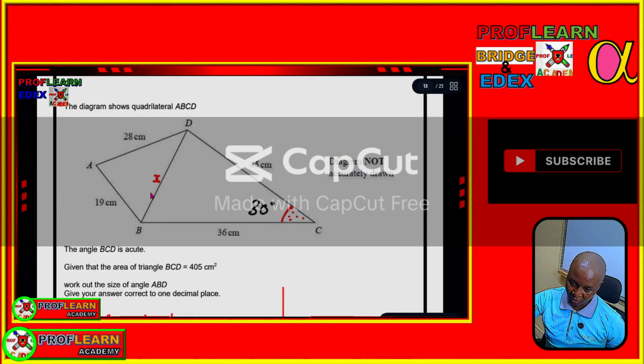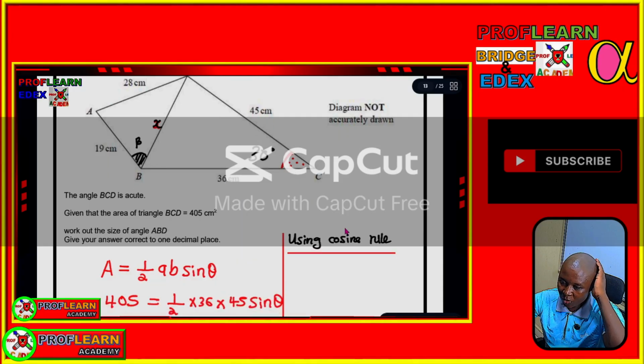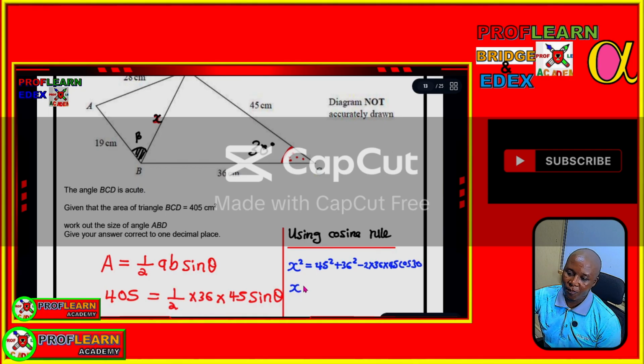So using 30, 45 and 36, we can apply the cosine rule. With the cosine rule, we can first find the value of x, and then find the angle beta. So let's first find x. We say x squared equals 45 squared plus 36 squared minus 2 times 45 times 36 times cos 30.